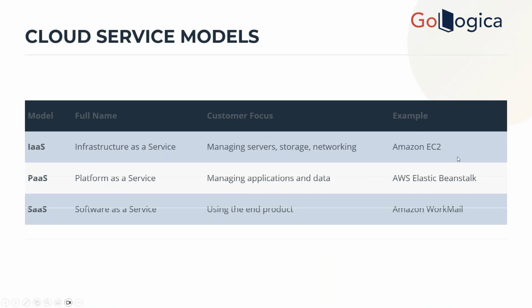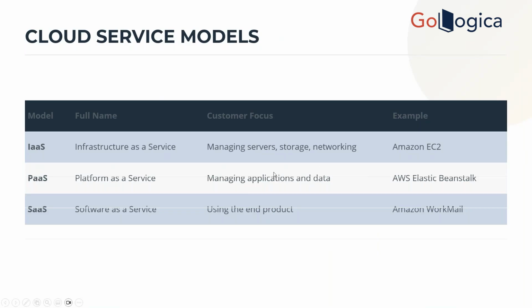Automatically, AWS will decide what resources it needs to deploy your application, and it will deploy it. You don't have to think about what operating system I need to choose to deploy this particular application. That will be controlled and managed by the service provider. We don't have to take that headache.